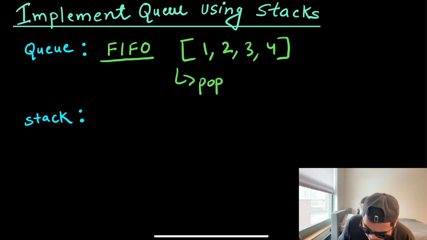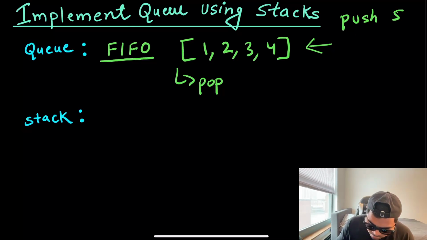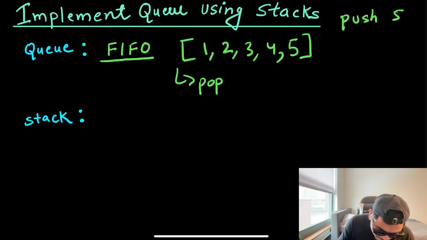If I want to push 5, I will append that to the end of the queue. So that will go right behind 4, right next to 4. So this is where we will push 5. But if I want to pop something from here, I will be popping out 1, because this is the front of the queue.